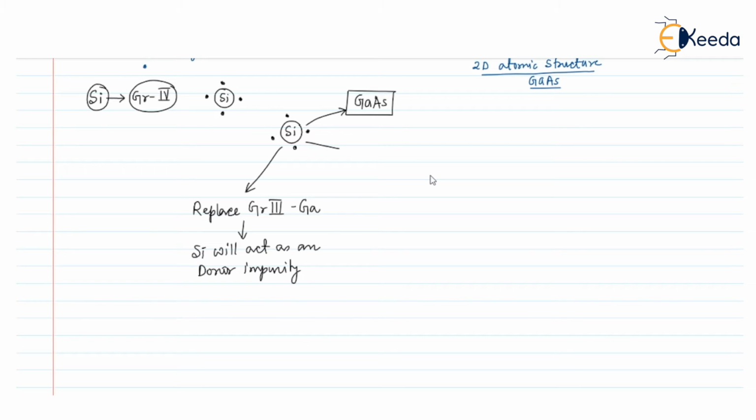And if this silicon atom replaces the group 5 element, that is the arsenic atom inside the gallium arsenide, then silicon will act as an acceptor impurity.